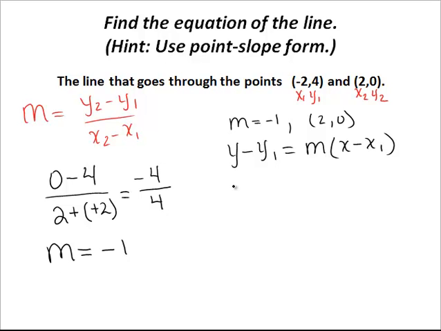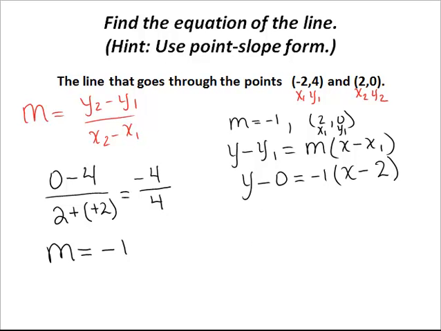Y minus y1 in this case, so 2 here is our x1 and 0 is our y1. So going back, y minus y1, so y minus 0 equals -1 times x minus, and in this case x1 is 2.